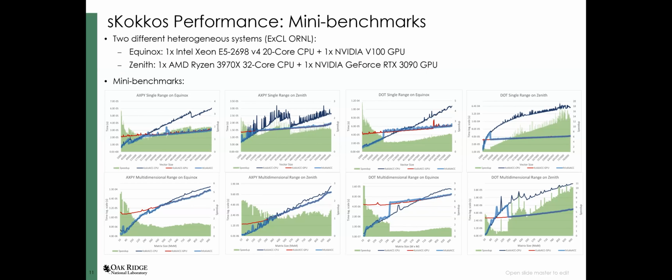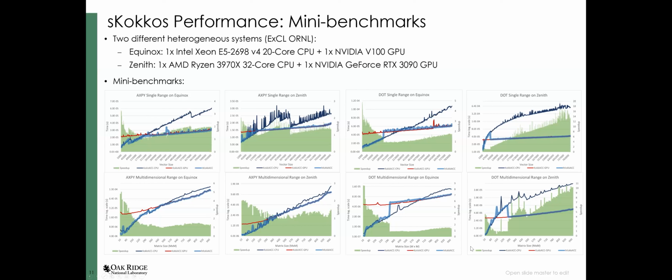Here, once again, is some performance analysis, in this case using Kokkos on two different heterogeneous devices: Equinox with one Intel CPU and one NVIDIA GPU, and Zenith with one AMD CPU and one NVIDIA GPU.